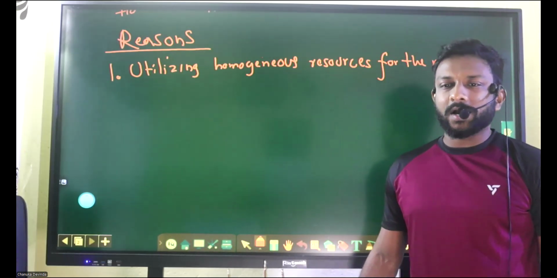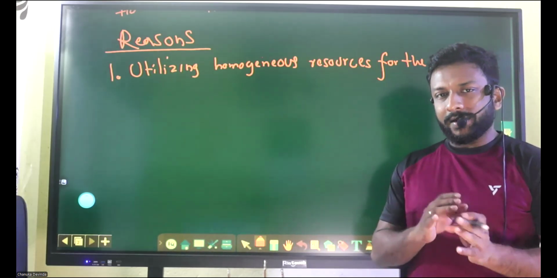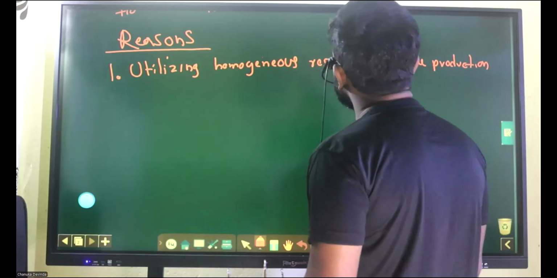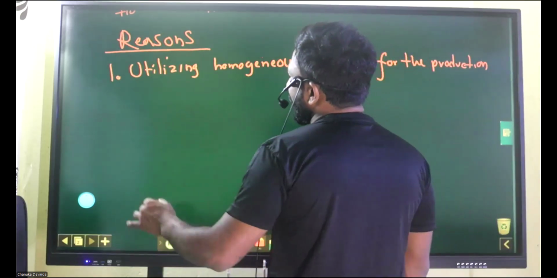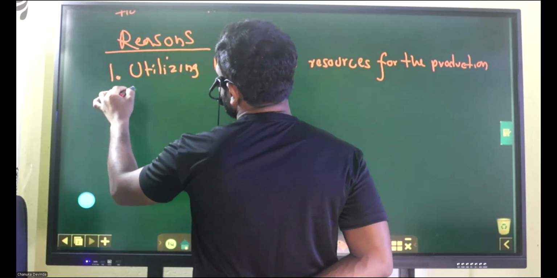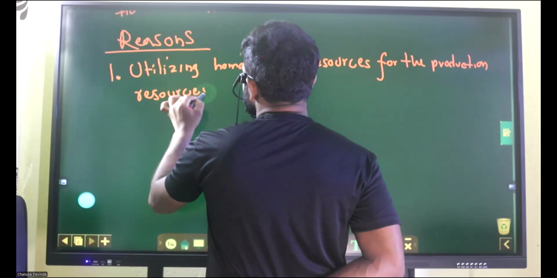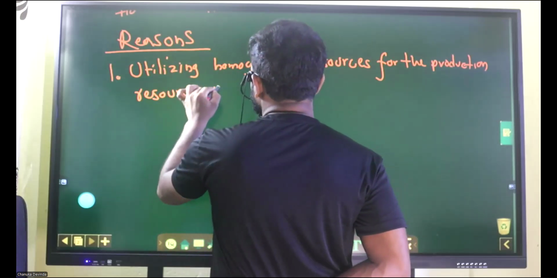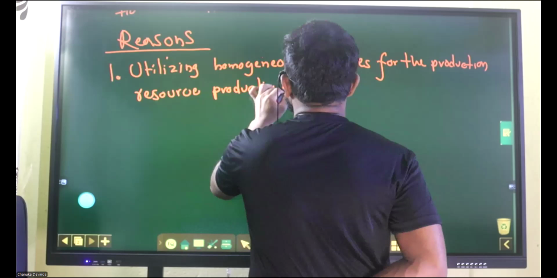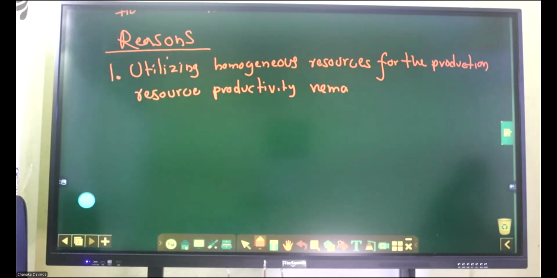Homogeneous means ideal production, which is the efficiency is equal to each other, right? Utilizing homogeneous resources for the production, and also here resource productivity remains constant.